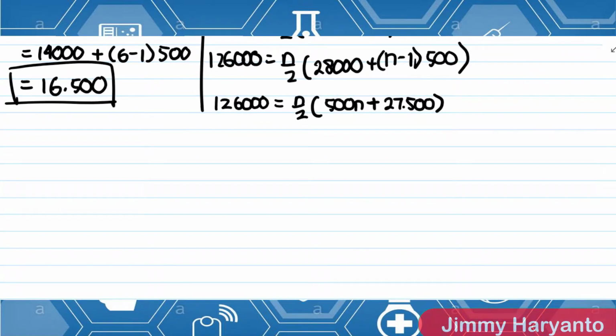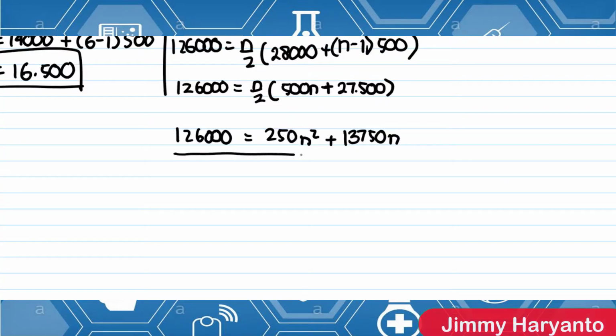Next we have to multiply the n over 2. 126,000 equals 250n squared plus, divided by 2, 13,750n. Okay, so we can divide this by 10 maybe, or maybe 50. You can divide this by 50.